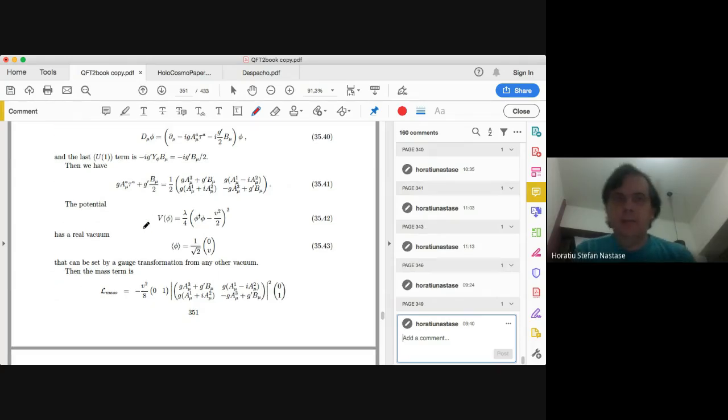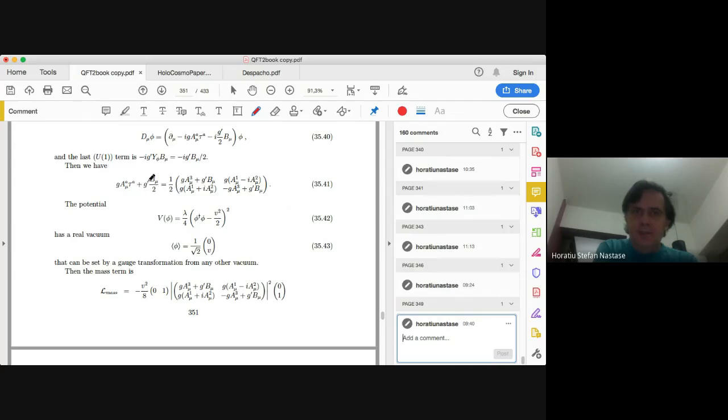Then this sum here, g A mu a tau a plus g prime over 2 B mu, is written as, remembering tau a is sigma a over 2, so I get a common 1/2.